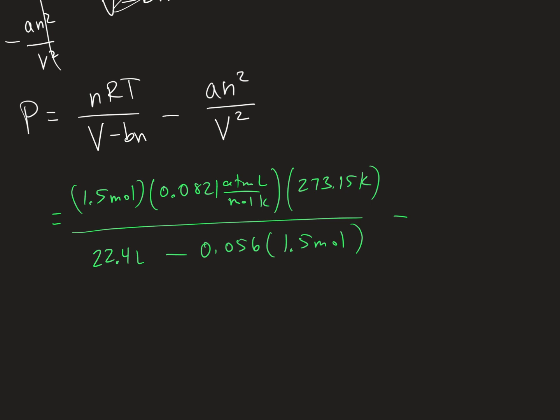Minus A, which has a value of 6.49, multiplied by n, which is number of moles, 1.5 moles. We've got to square that value over the volume, which is 22.4 liters, and we've got to square that value. So just be careful when you do this problem. Double check, make sure you have it set up right.